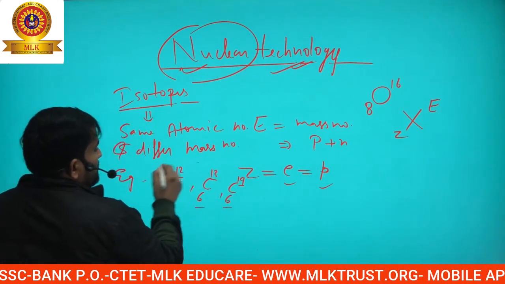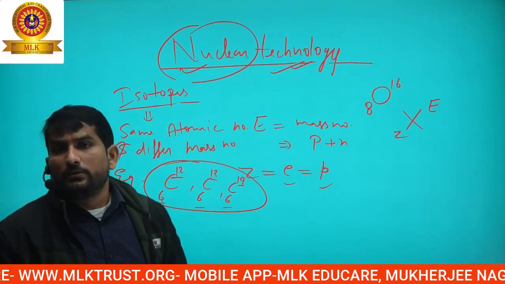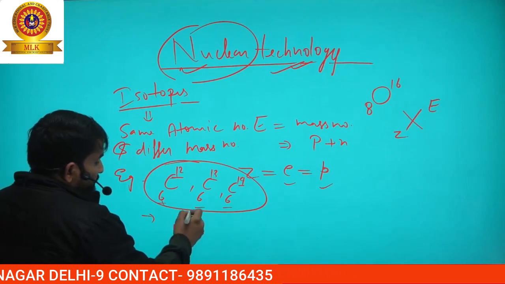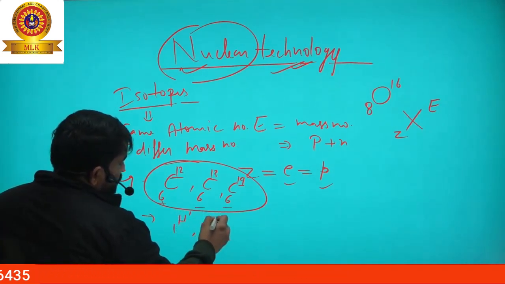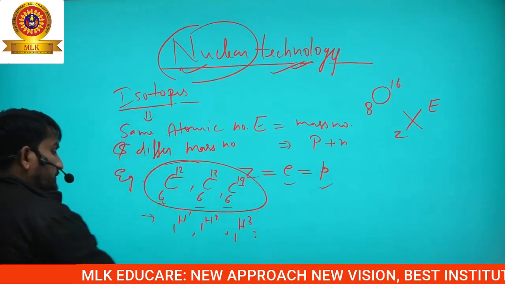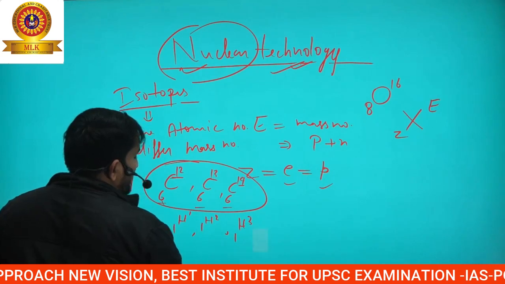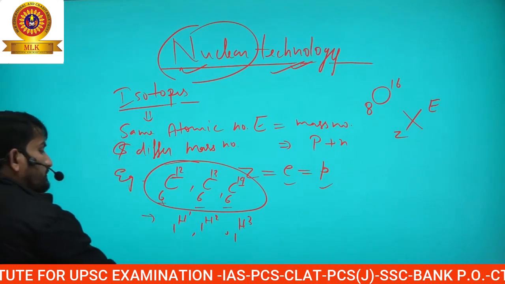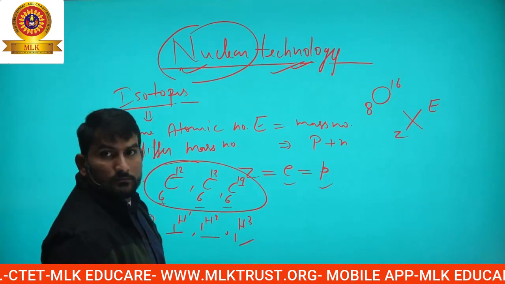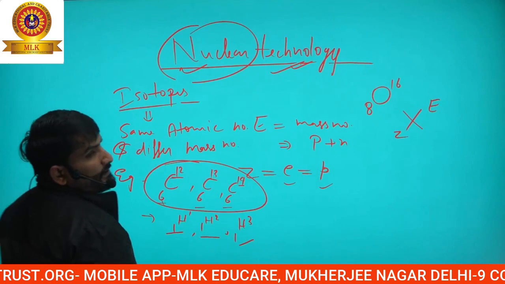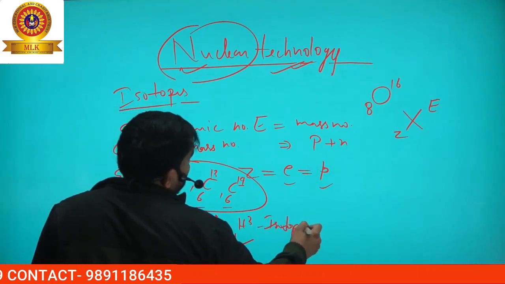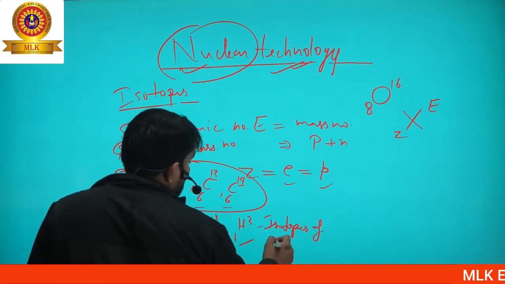So these are the isotopes of carbon. Like this, the isotopes of hydrogen: 1H1, 1H2 and 1H3, which are hydrogen, deuterium and tritium.